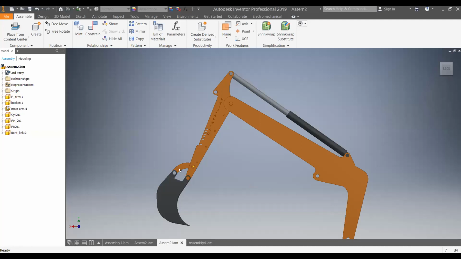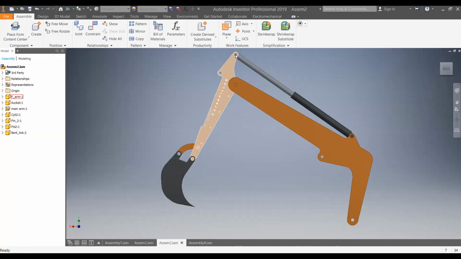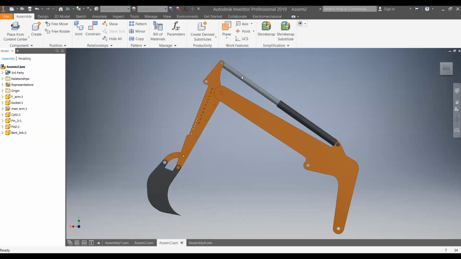Suppose we want to lift this bucket, then we have to apply the force at this joint, where the hydraulic cylinder is connected. We apply the force at this point so that the complete arm will rotate about this point. This is the pivot point. You can observe here how the force is applied and how this bucket is lifted in the upward direction.